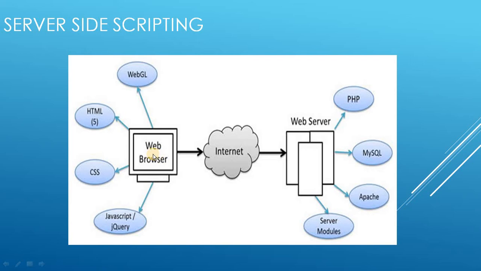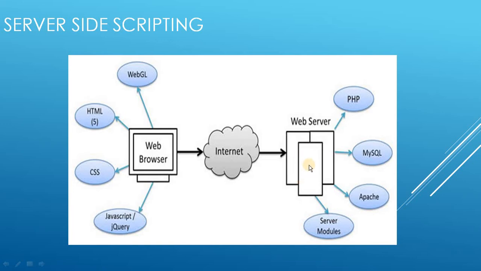On the web browser, our request is going to be written in HTML5, CSS, JavaScript, jQuery. Combining all this, we will have some code written over here. This code is going to send a request through the internet to the web server. So we are sending the request.